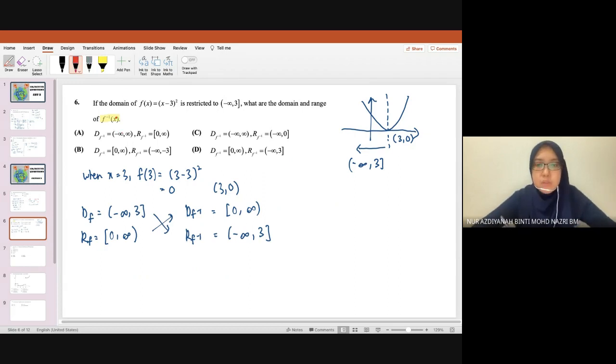Domain negative infinity, infinity salah. Okay, so domain is 0 until infinity. That works. Range untuk f inverse is negative infinity until 3. So careful, this one is negative 3. So the final answer here is 6.